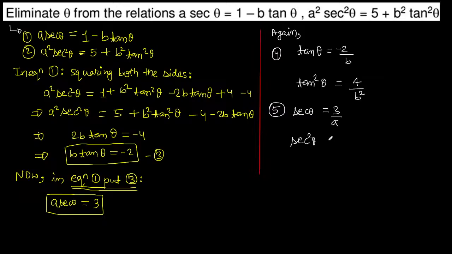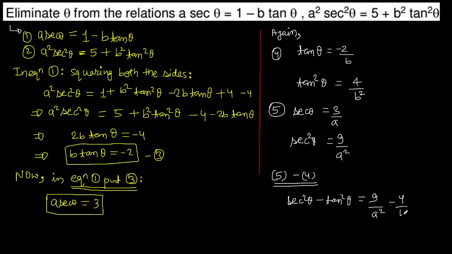Sec square theta is equal to 9 by a square. So 5 minus 4 is sec square theta minus tan square theta, is 9 by a square minus 4 by b square.